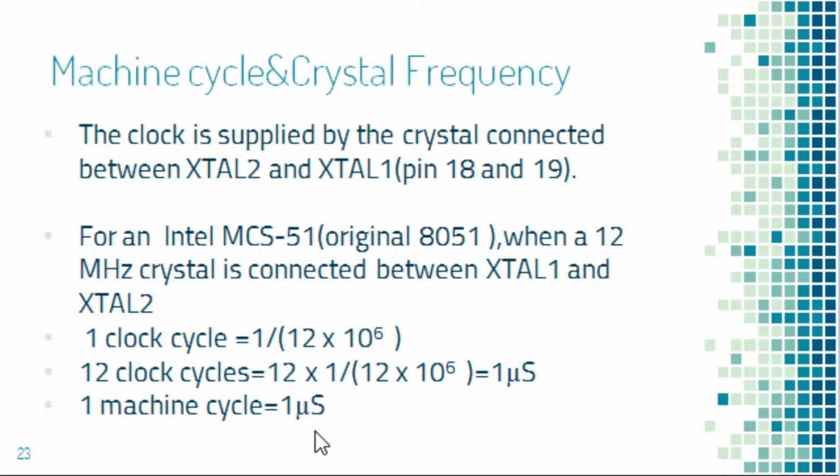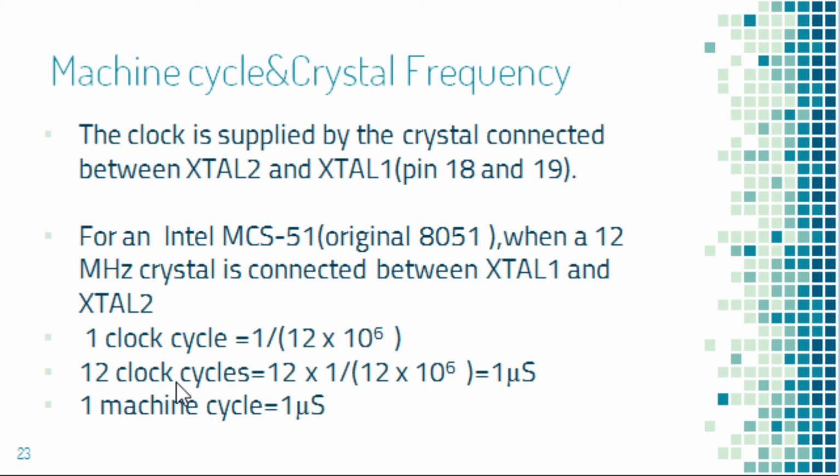The clock is supplied by the crystal connected between pins 18 and 19. For an Intel MCS 51, when a 12 MHz crystal is connected between pins 18 and 19, which are marked as XTAL1 and XTAL2, one clock cycle is the reciprocal of the frequency supplied by the crystal.